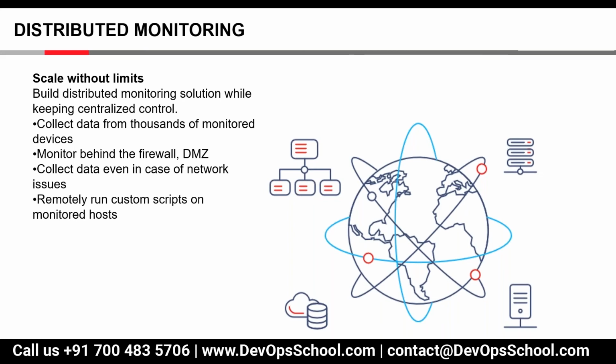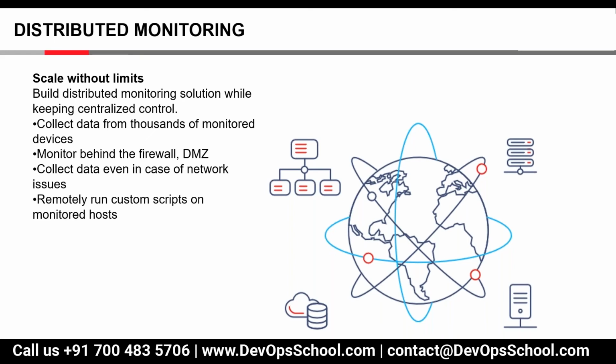But I can distribute the load. For example, if I have multiple networks, I can add multiple proxy servers in between the agent and the Zabbix server. The agent will then send the data to the Zabbix proxy, and then the proxy will send the data to the Zabbix server, so that the load is distributed.